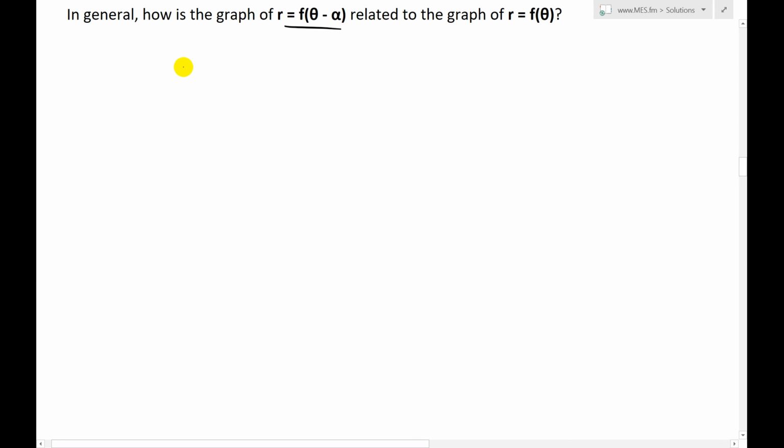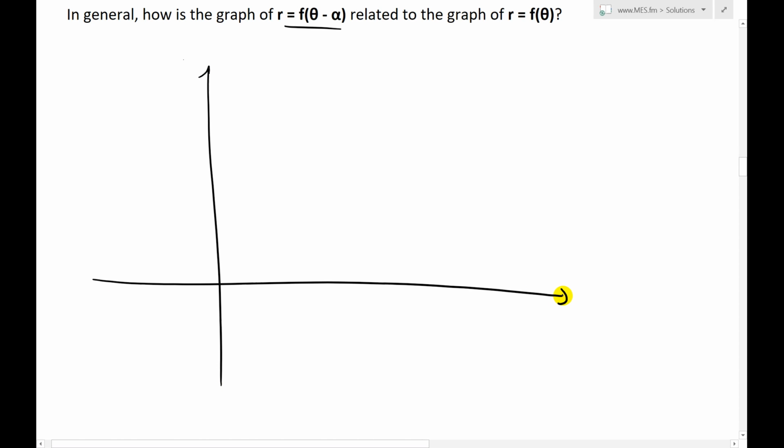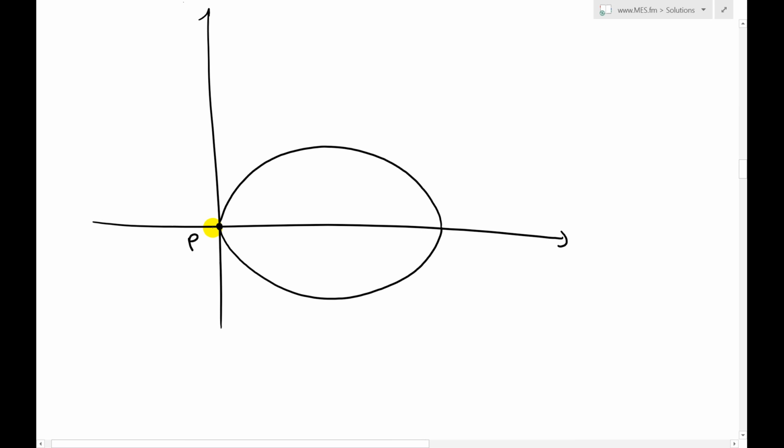So let's look at what we have here. Let's draw this more over here. If this is going to be our polar axis here, P, and let's say we have a weird function that looks like this, just something like this. Actually, I just made it a bit smaller.